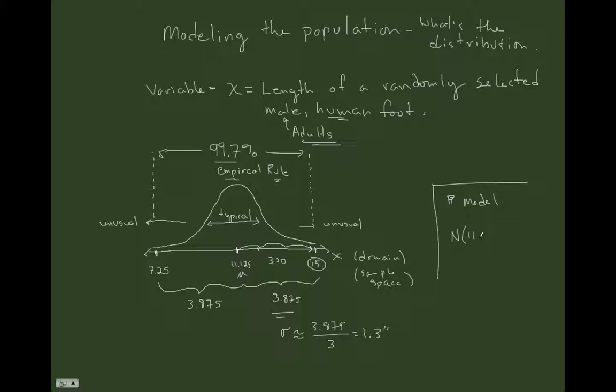When I put an N with a parenthesis, the first number is the mean, the second number is the standard deviation. So the model is that the variable x is normally distributed with a mean of 11 and an eighth and a standard deviation of 1.3. Okay, so now I have the population described.